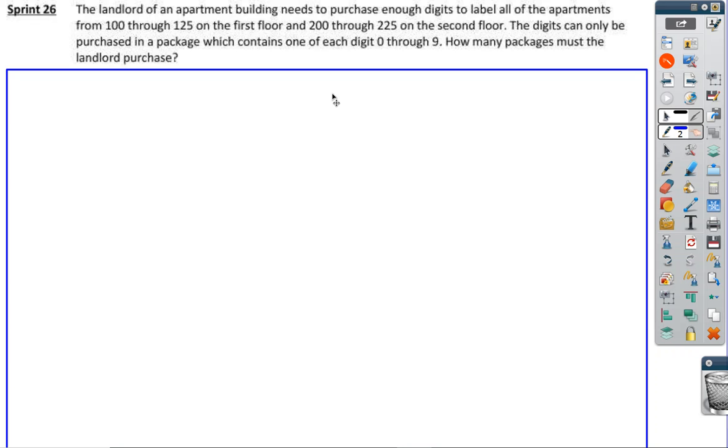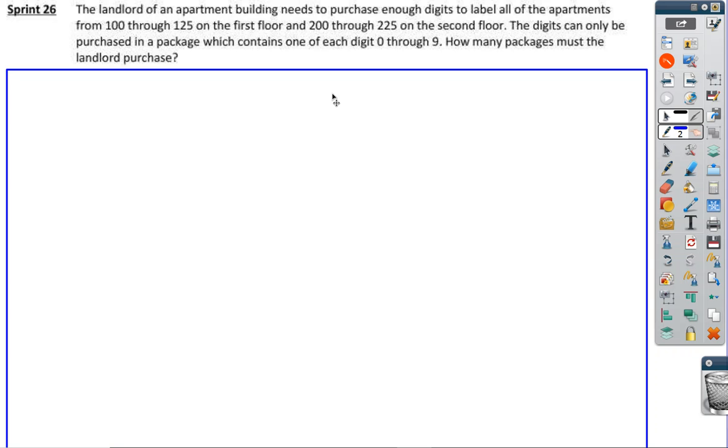All right, so let's logic ourselves through this a little bit. I know we have numbers 100 through 125 and 200 through 225. So what number will we see the most of? Because that's the one that we're going to have to buy the most packets for. And clearly it's either going to be a 1 or a 2, because we have a 1 or a 2 in the hundreds digit for each one.